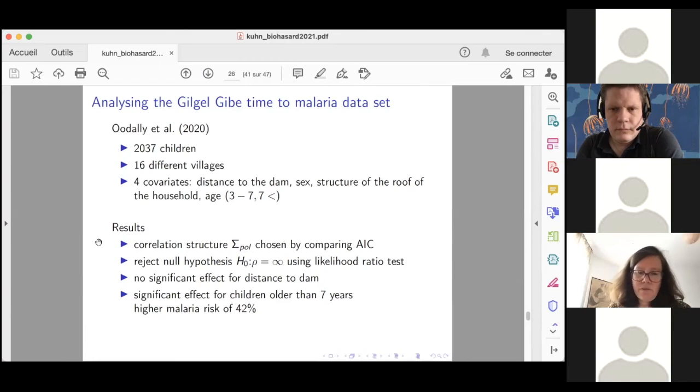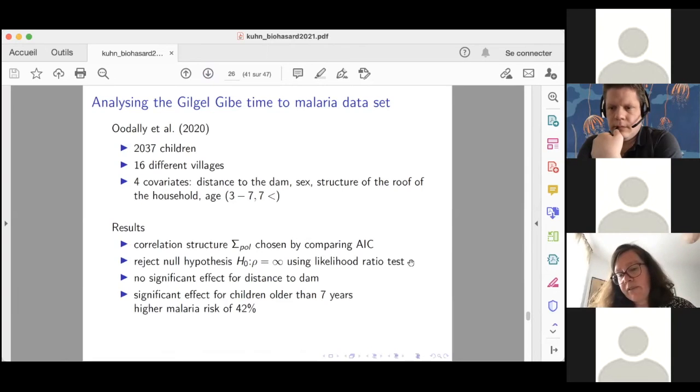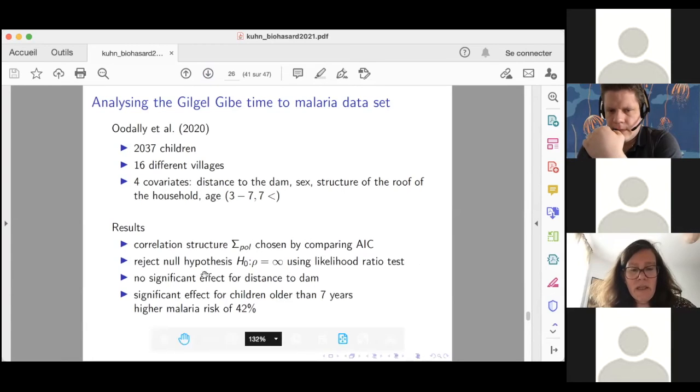You have to pay a little bit of attention here, because you have a value which is on the boundary of the parameter set, so the limiting distribution is a mixture between a Dirac and a chi-square 1.